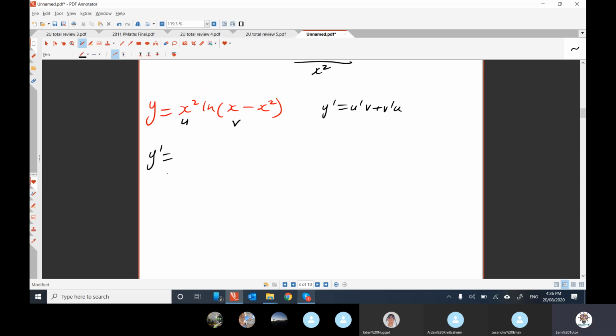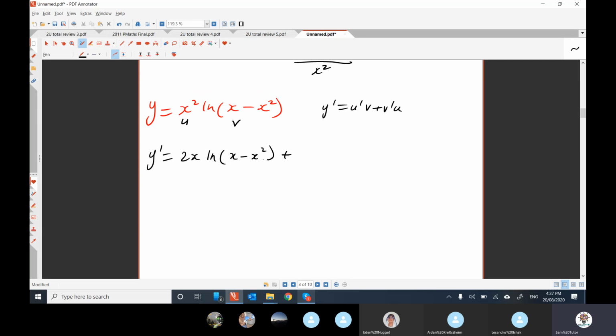So y dash equals, go. Natalia, let's do it. U dash 2x and then v plus v dash. Now, the rule was differentiate the inside over the inside.